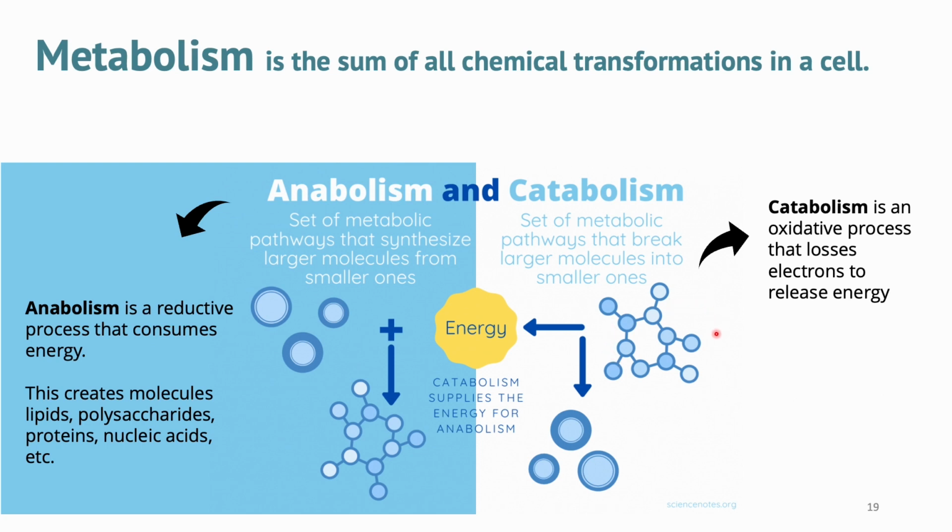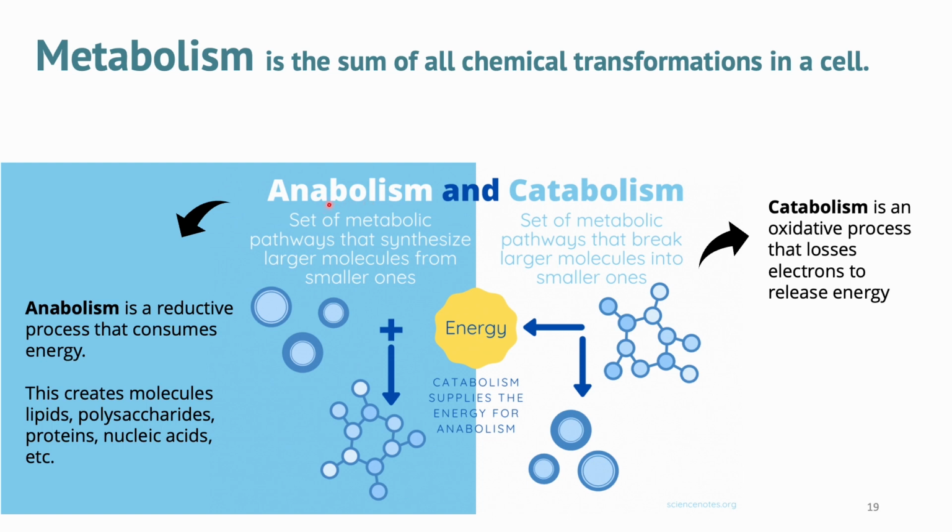Catabolism is an oxidative process that loses electrons to release energy, and then this energy can be used to perform anabolism. And for anabolism, I think of the prefix ana. Anabolic steroid users are building muscle, right? Ana is to build, so they're building proteins when they're using steroids.